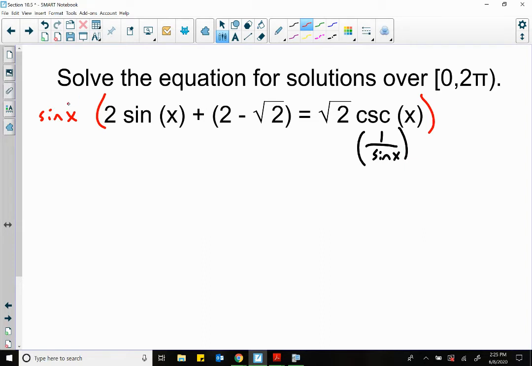So let's multiply. This is going to give me 2 sine squared x. Then I'm going to come over here and multiply this one.